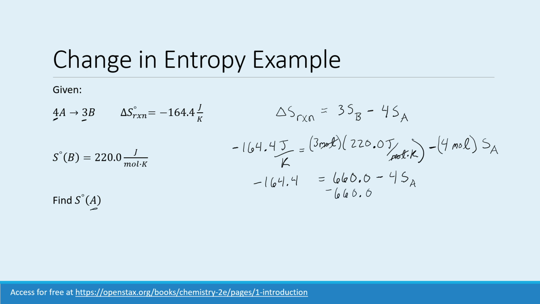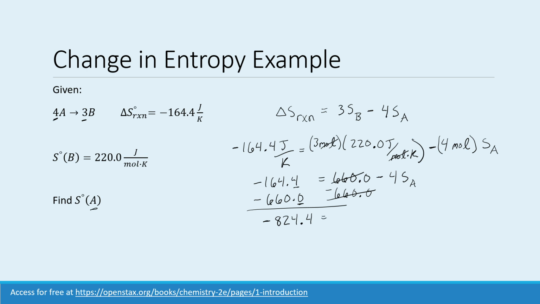So we're going to subtract the 660 from both sides. You could have easily added the 4 SA and then subtracted the 164. It's however you want to do this. But when we're subtracting the two values, they both go out to the tenths place, so we want to keep those out to the tenths place.